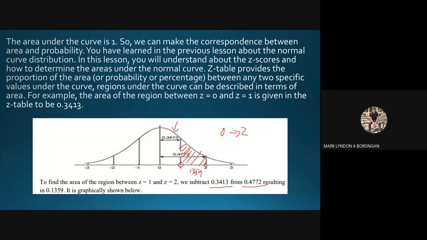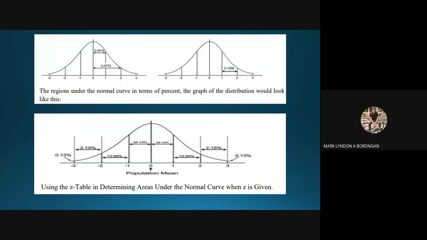So this area is equal to 0.1359. Since the area from 0 to 1 is 0.3413, and the total distance from 0 to 2 is 0.4772, you simply subtract 0.34 from 0.47 to determine the distance from here to here. That is the graphical representation.